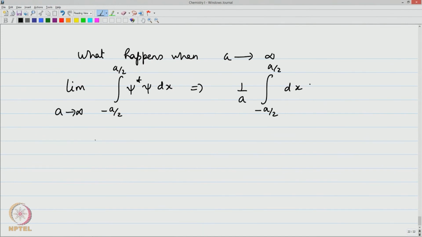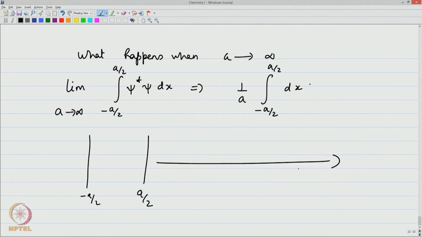That is, you are extending this finite box minus a by 2 to plus a by 2 by opening it up all the way with this function, 1 by square root of a e to the i k x.